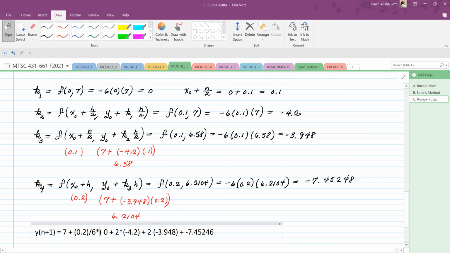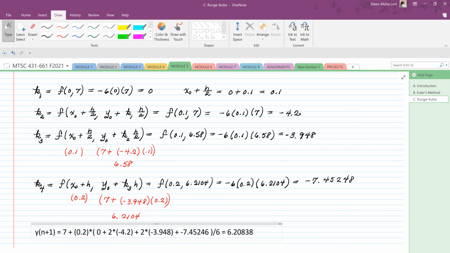That's H times K1 plus 2K2 plus 2K3 plus K4, end of that thing, and then divide by 6. And it won't calculate it for me. So why won't it calculate it? Oh, because it doesn't have a times here. Yay. Now that's the answer.